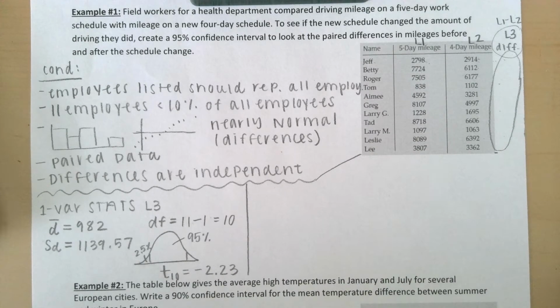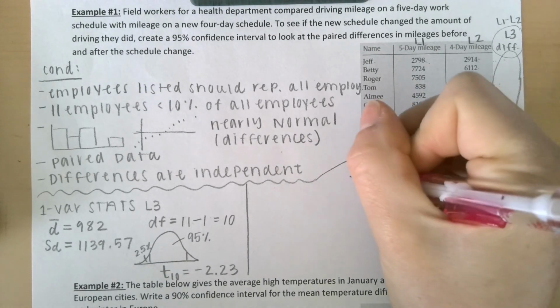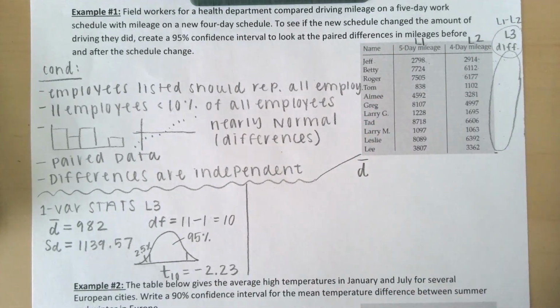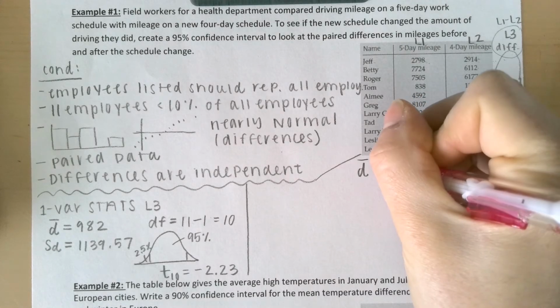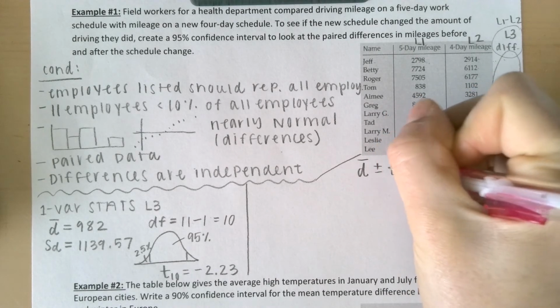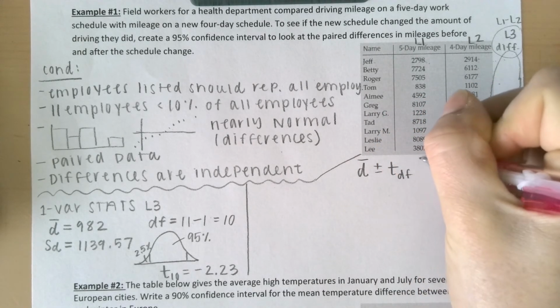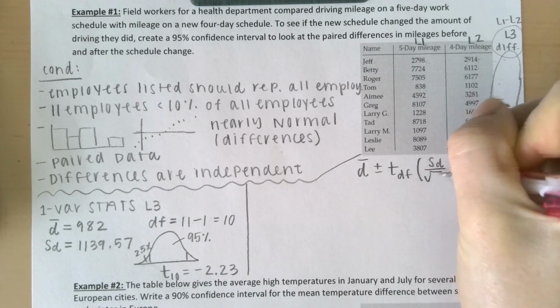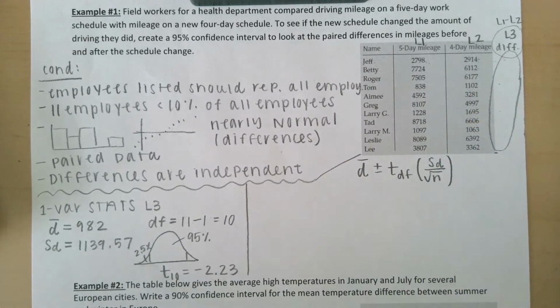Okay, once I have all that, I can start making my actual interval. I'm going to write down just my formula. Again, we said to take the average of the differences, so your d bar, plus or minus the t-score, times the standard deviation of the differences, dividing by the square root of n.